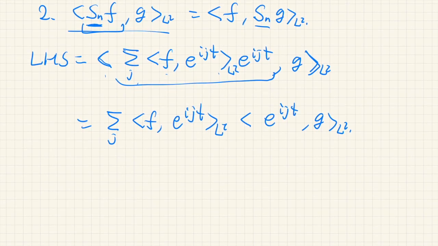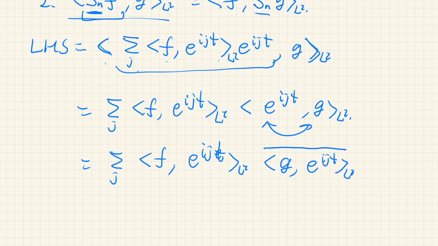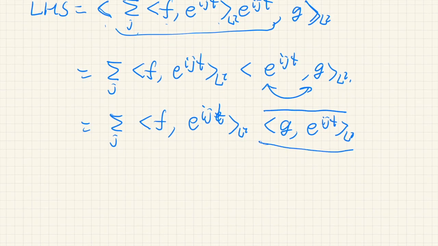Okay, now let's swap the places here. Then we get the complex conjugate as the inner product of f and e^{ijt} in L2, and g times e^{ijt}, complex conjugate.